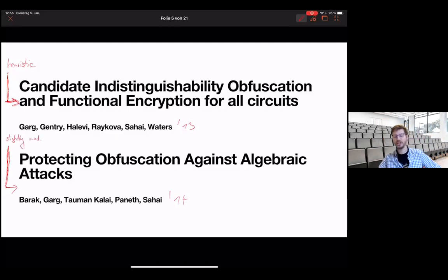And they actually could now provide this construction with a security proof. However, not with a standard security proof, but a proof in an idealized model.